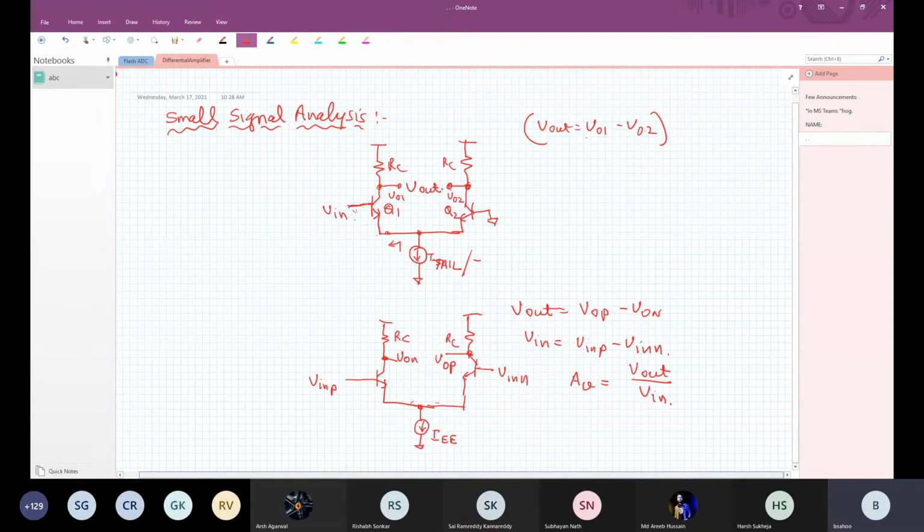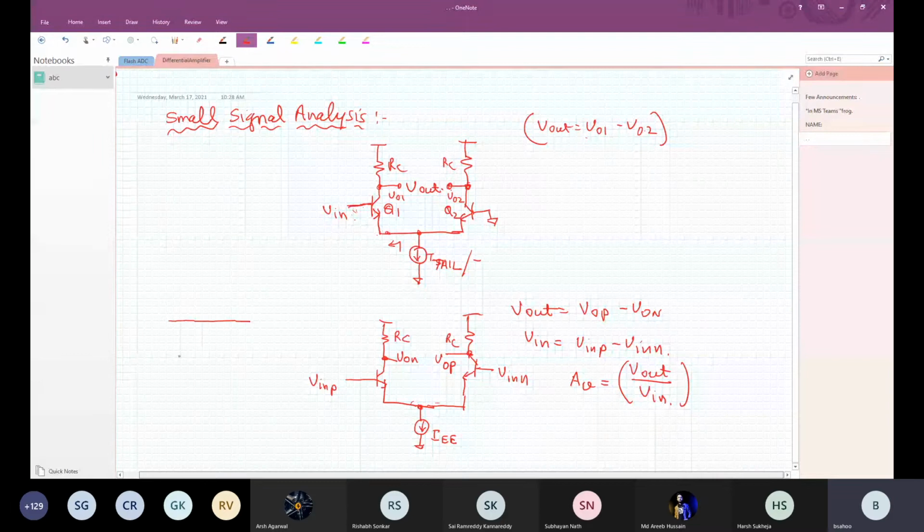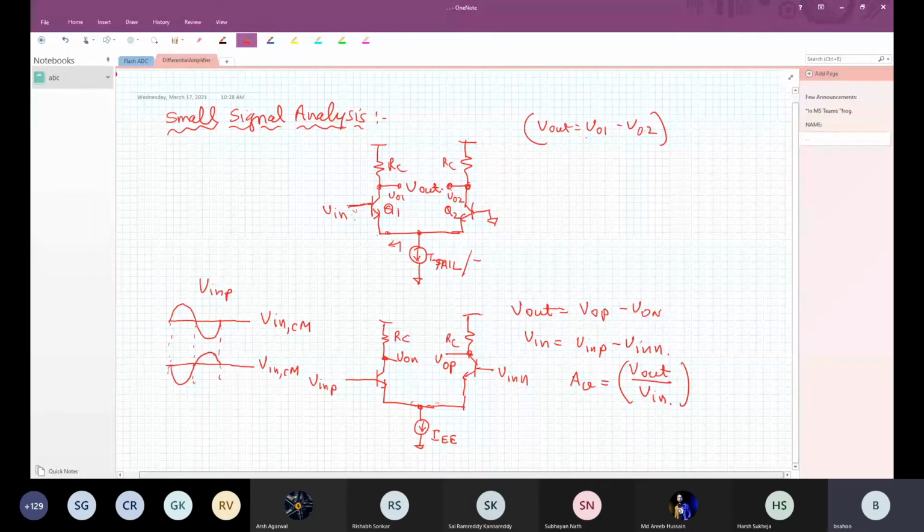Now, the observation that we make is that V in P and V in N are differential signals. What that means is that when V in P swings around the input common mode, V in N is exactly opposite in phase and has the exact same amplitude of swing.